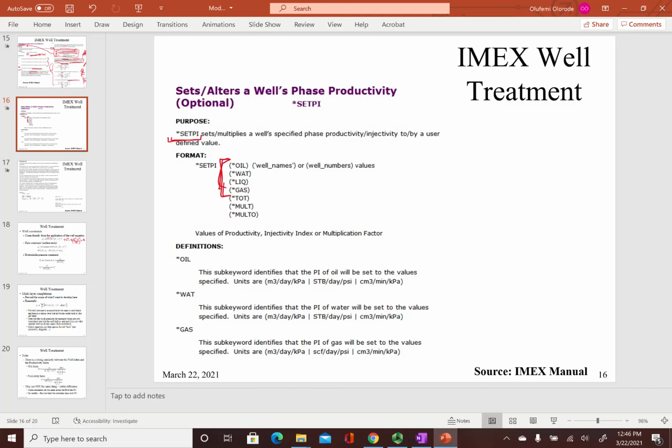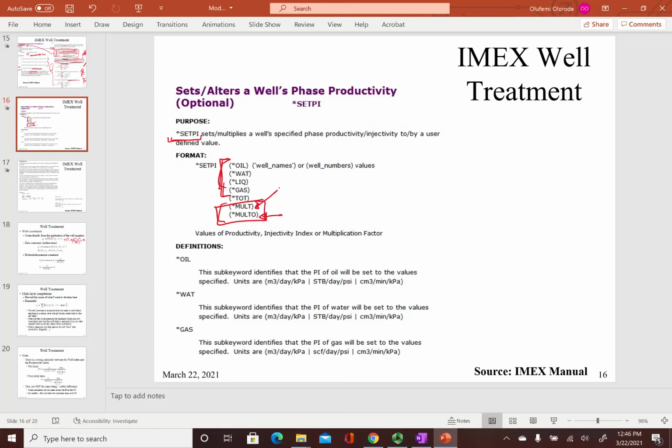You can also have multipliers, so it's going to multiply whatever the calculated productivity index is in the simulator by whatever value you provide. Multiply all of the productivity indices, or the productivity indices for all of the phases, whereas mult O will multiply the productivity index for the oil phase by whatever factor you provide.